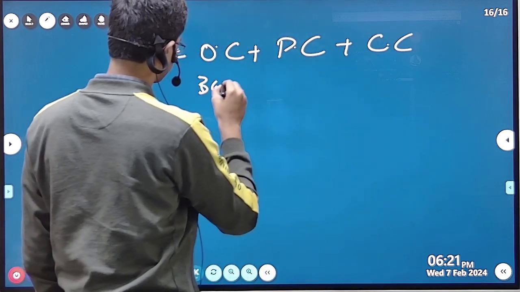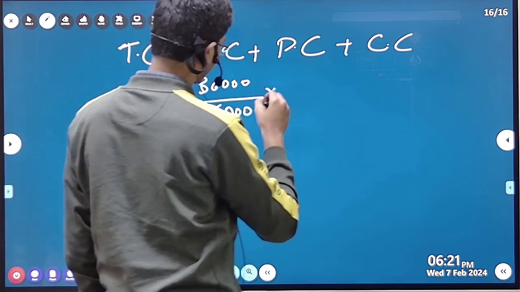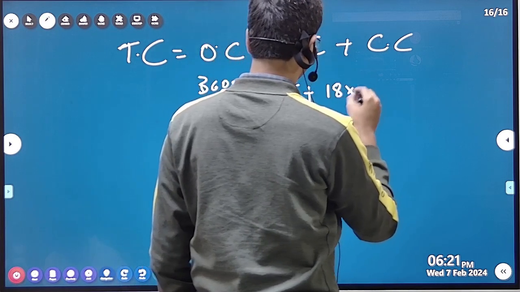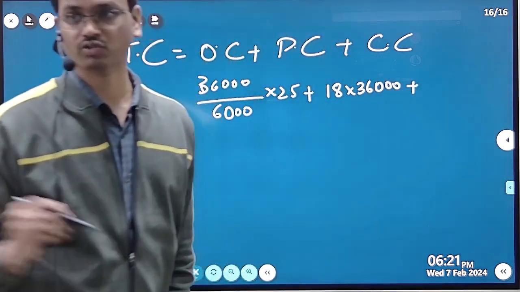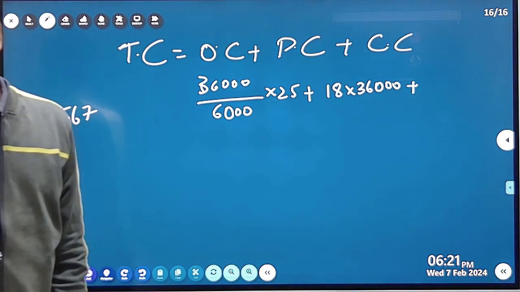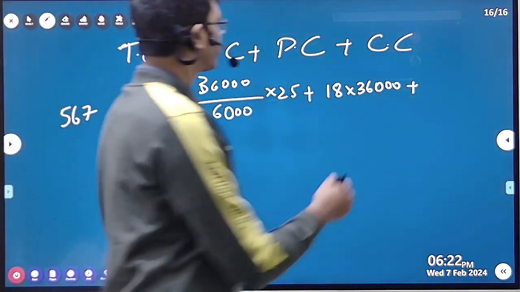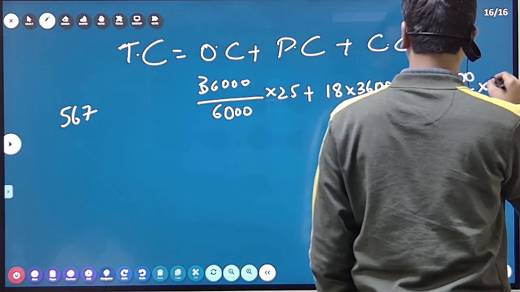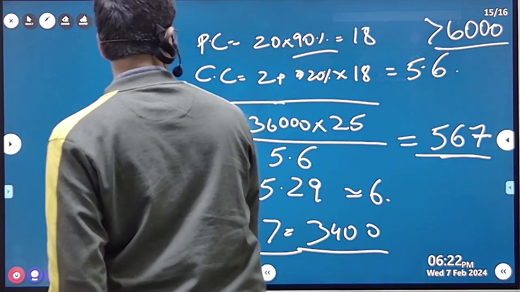So this will be 36,000 divided by 6,000, as we have to order 6,000 quantity minimum, into 25, plus this we will get at 18 into 36,000. Now the carrying cost. If we had ordered at 567, the carrying cost would be less because we are ordering a low quantity, but here we are ordering 6,000 quantity, right? So this would be the quantity we are ordering, 6,000, divided by 2 into 5.6.